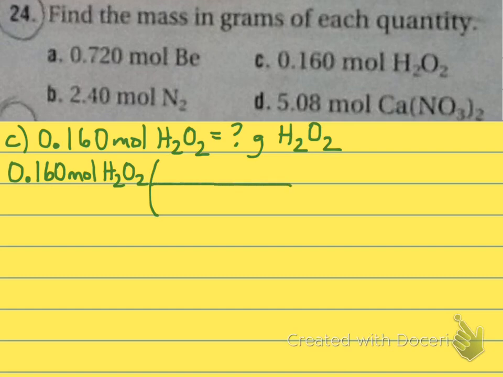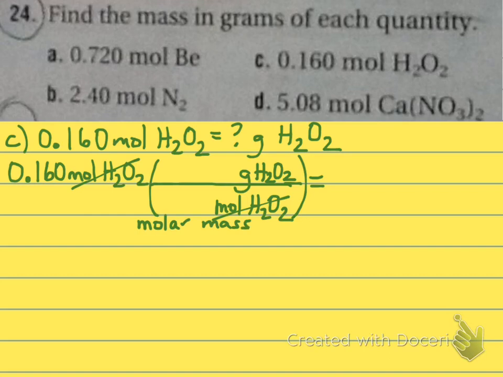Moles of peroxide have to be on the bottom. Grams of peroxide go on the top. Again, my moles are going to cross out. I'm going to be left with grams, which is what I want. This is my molar mass. So in front of moles is always 1, and my number that goes in front of grams comes from adding up numbers on the periodic table.